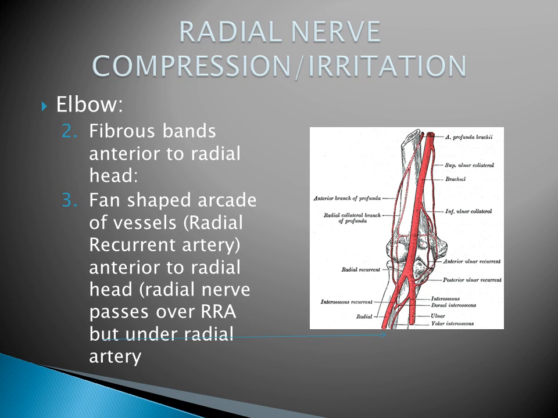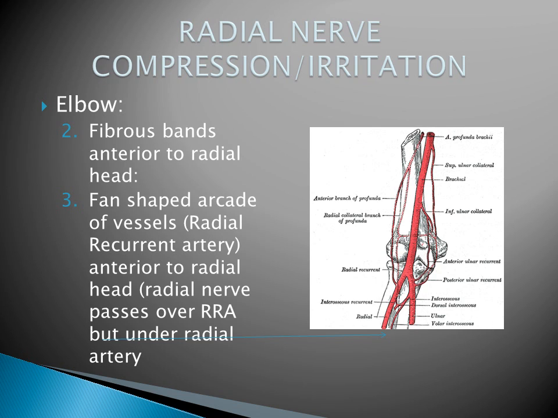Now, the radial recurrent artery passes immediately anterior to the radial head, and the radial nerve passes over the radial recurrent artery, but underneath the radial artery.